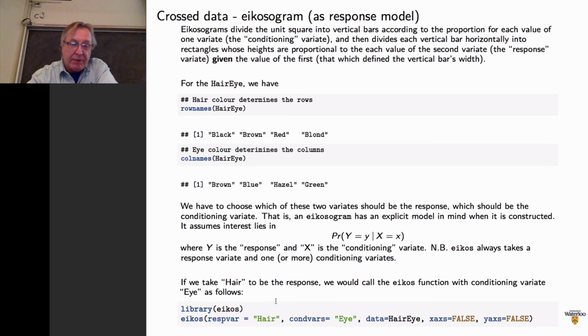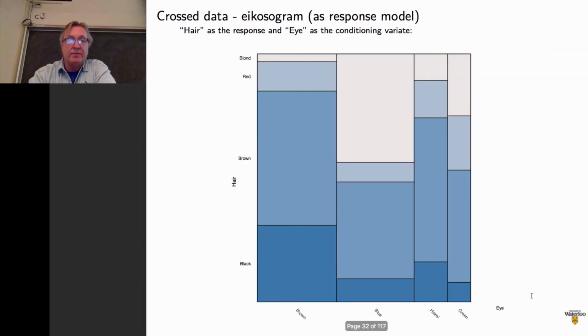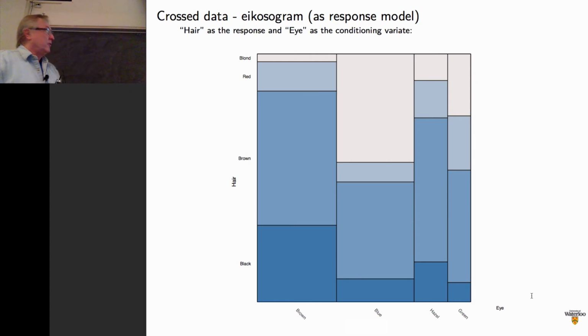That being the case, I have a response variable, that's the hair, and the conditional variable, the explanatory variable, will be I. I think I'll just show you what this picture looks like, so it's easier to explain how it's constructed.